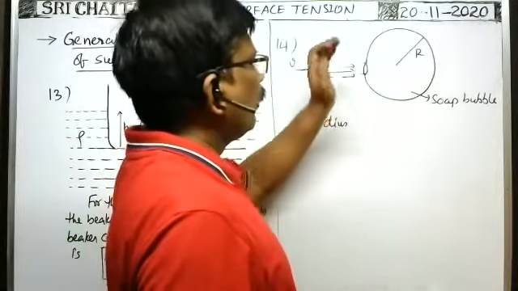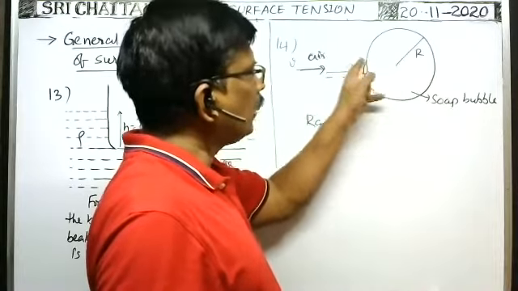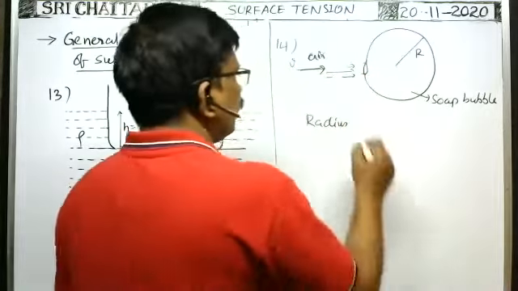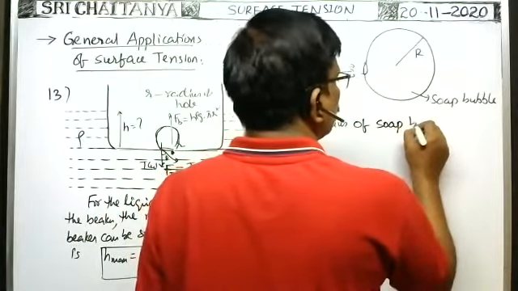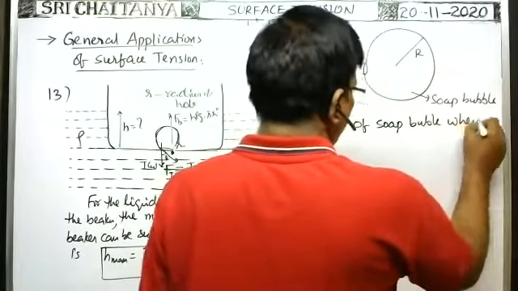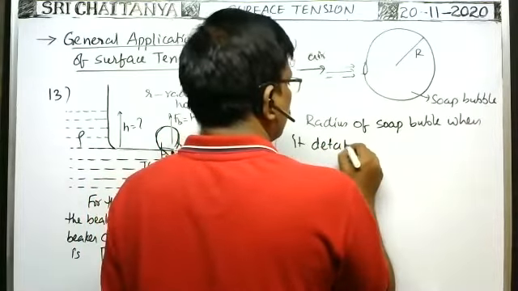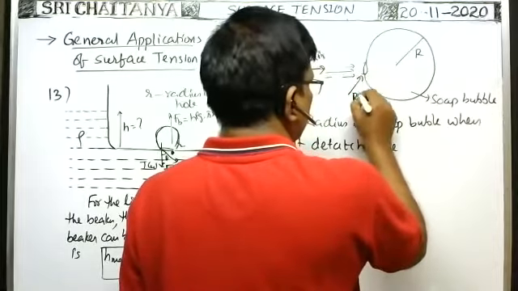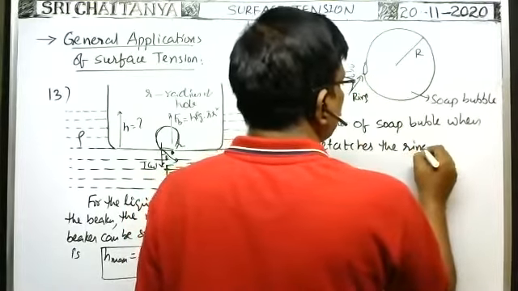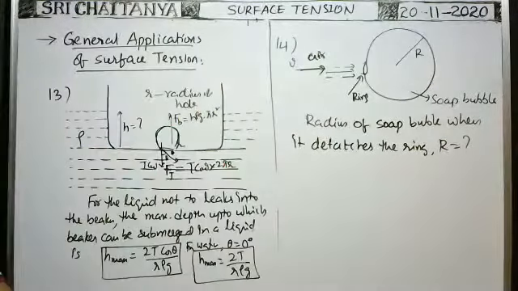Then at what radius of the soap bubble, when formed, does the bubble detach from the ring? Radius of the soap bubble when it detaches from the ring, R is equal to question mark.